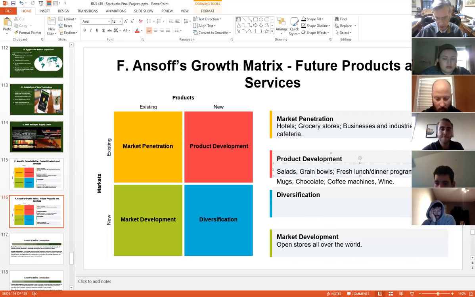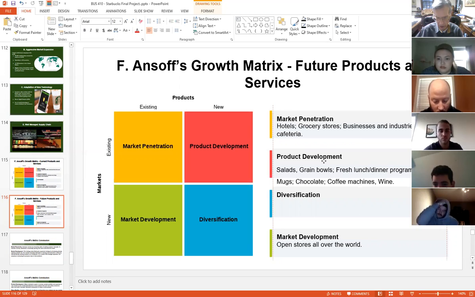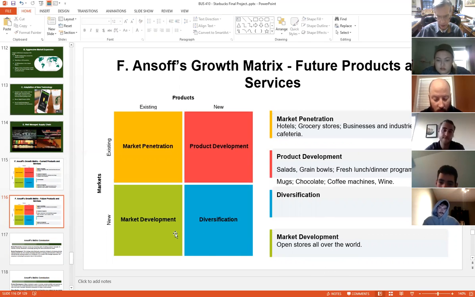So I think one of the takeaways is that Starbucks is not executing a diversification strategy. It's doing, and I think your market development is just exactly right, all over the world. And market penetration, very good. Starbucks is still doing that. So Starbucks really doesn't need to be interested in product proliferation or diversification right now. They've got plenty on their hands already.